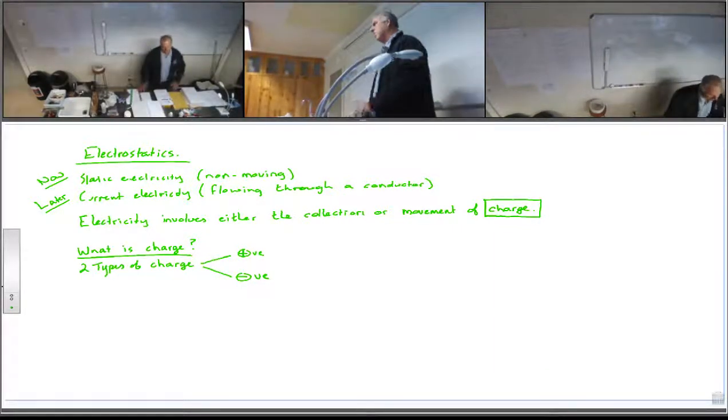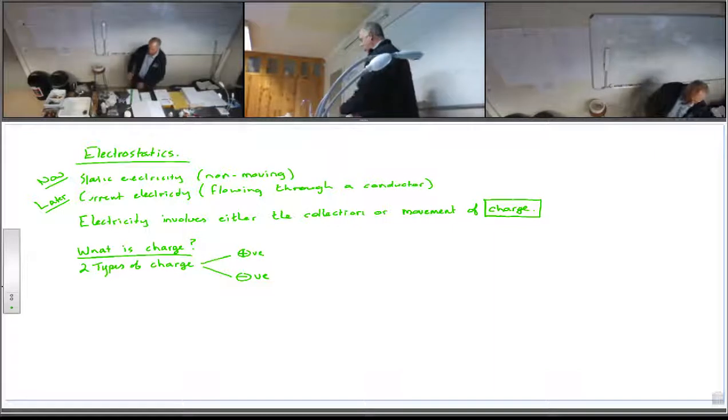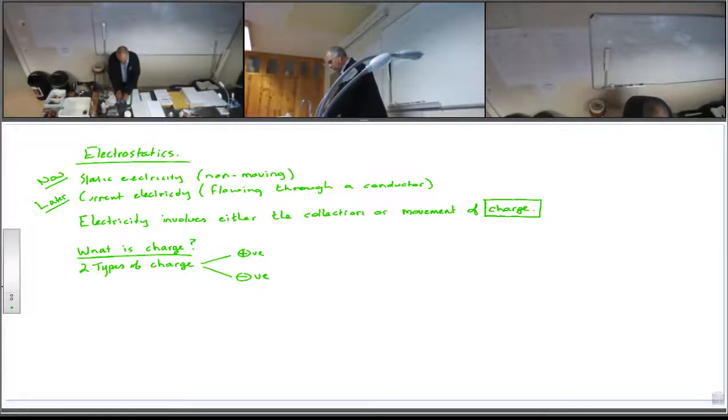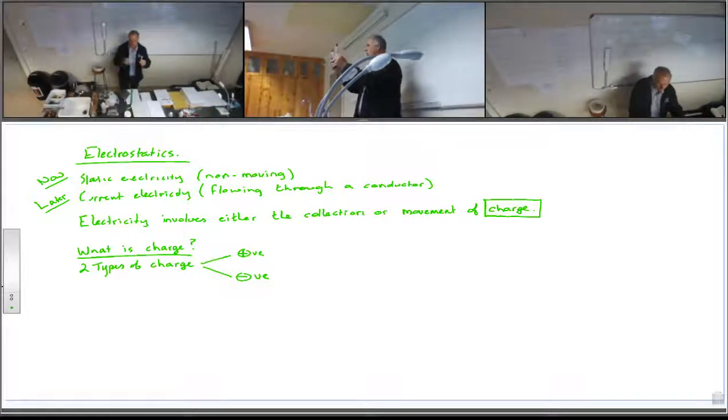What do you mean by positive? Okay, that's now because you understand it. But let's say you had never heard of a proton or electron before. You would know that if I charged two objects with the same type of charge, they would repel each other.